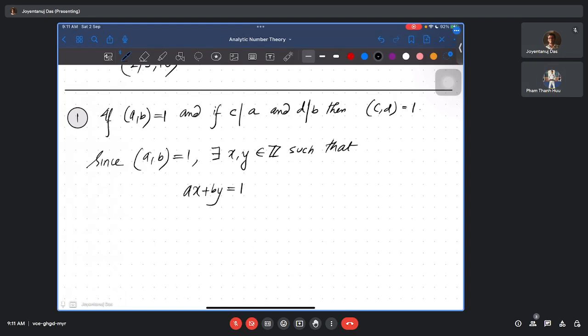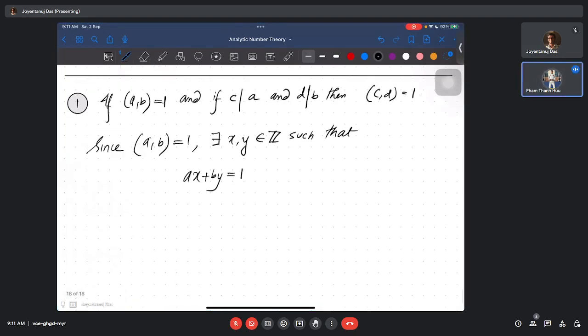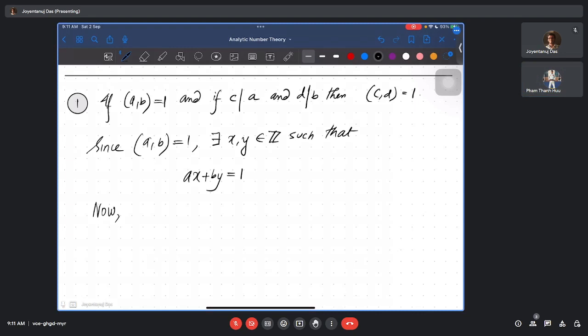This you know, right? This is from the Euclidean algorithm.